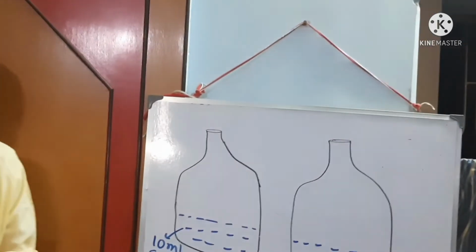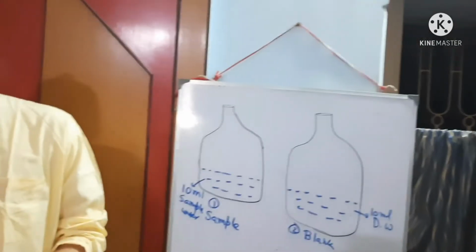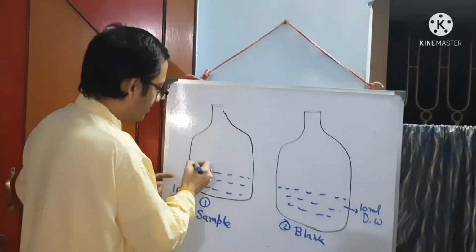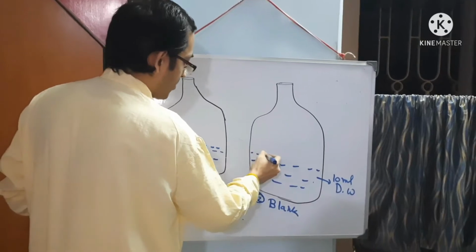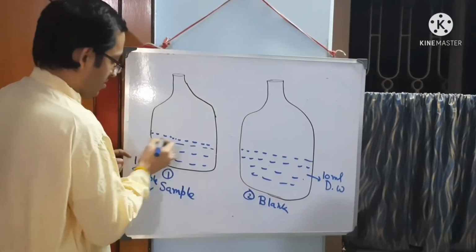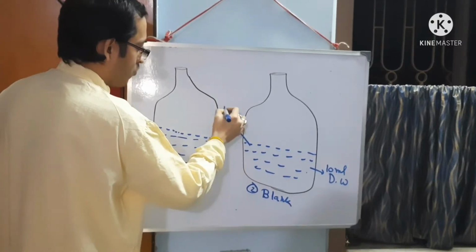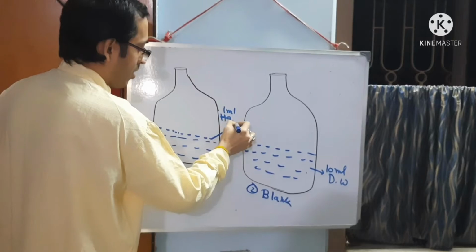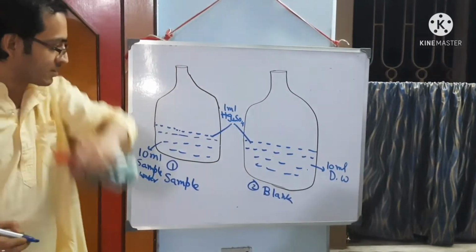Simultaneously you can run this 2 flask experiment. Next add 1 ml of mercuric sulfate.